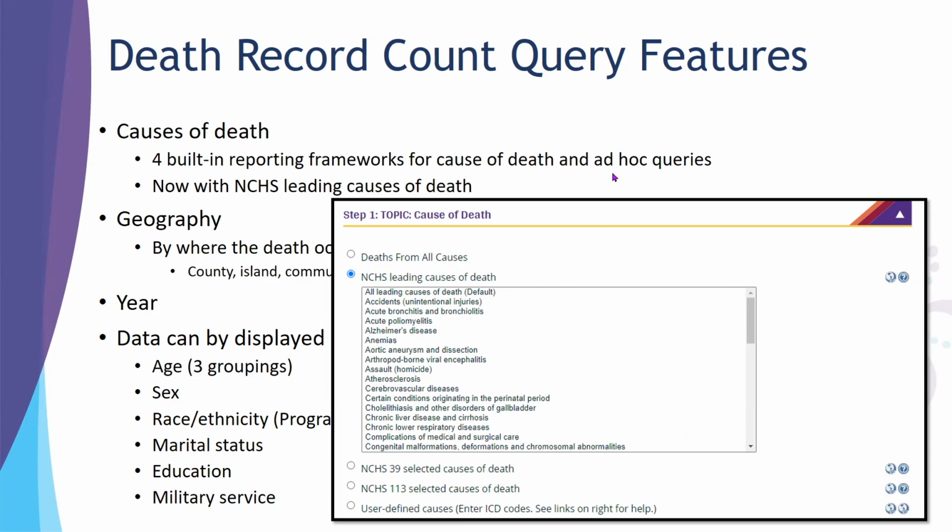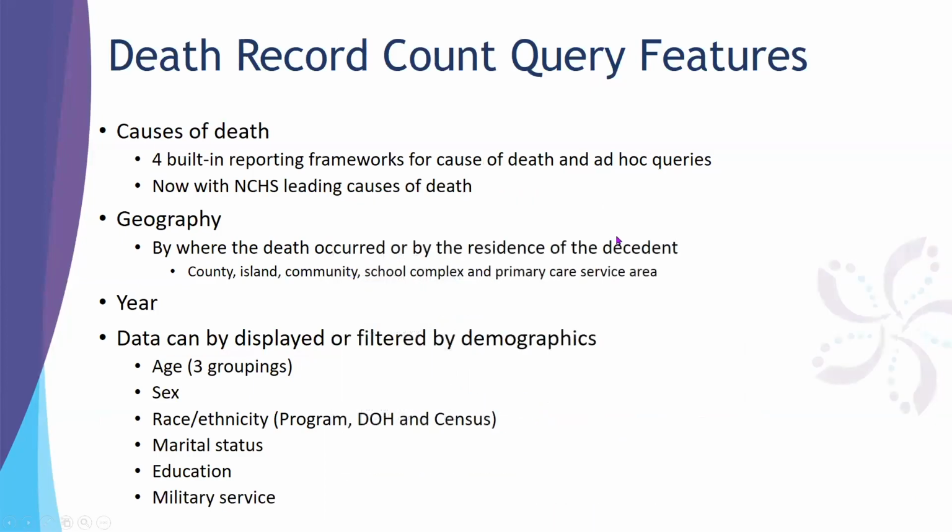And then for counts, you can examine the data by both where the death occurred and also the decedent's residence. All the deaths that occurred in Hawaii, whether to residents or not, will be in this query only. The data can be selected by consecutive years or non-overlapping custom groups. They can be displayed by age, by sex, and by race ethnicity, marital status, education, and military service.